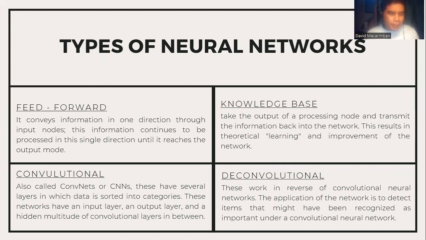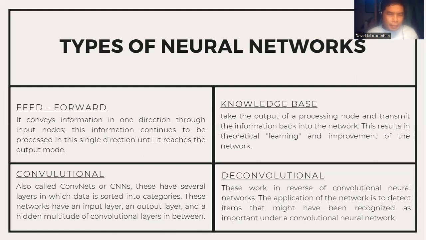An example to this is the convolutional and recurrent neural networks, which are used extensively in computer vision applications, are based on these networks.